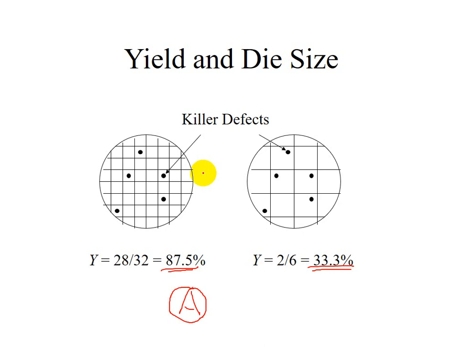So if you can improve your technology, then you increase your yield and your profit. That's why companies keep pushing the technology to smaller feature sizes, so they can reduce the die size, therefore increase the yield and the profit.